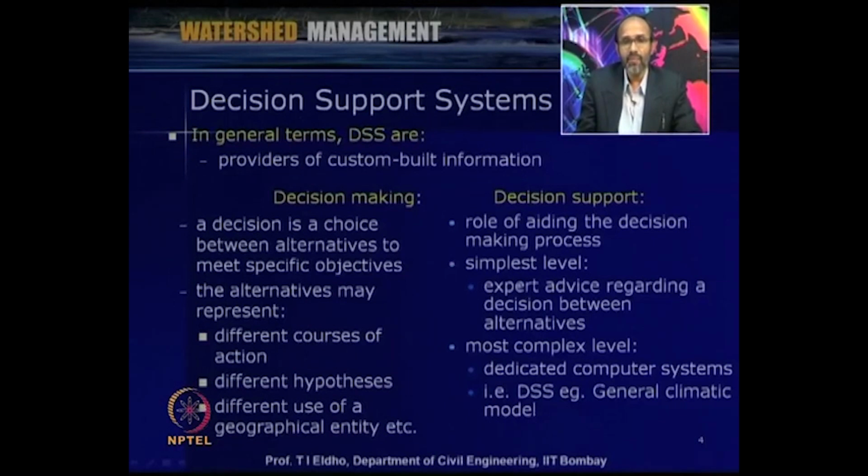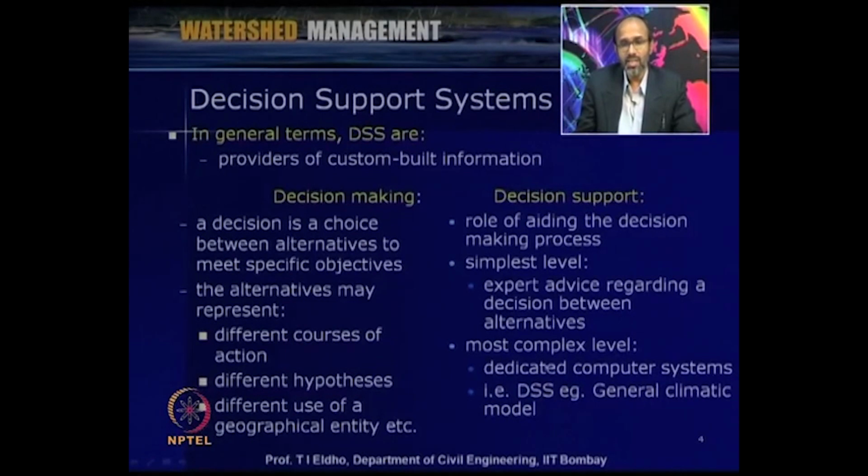This is what is happening at the simplest level, and at the most complex level there can be a dedicated computer system or dedicated software as the decision support system, for example a general climatic model, which considers so many alternatives and so many scenarios, a system which is totally dedicated.